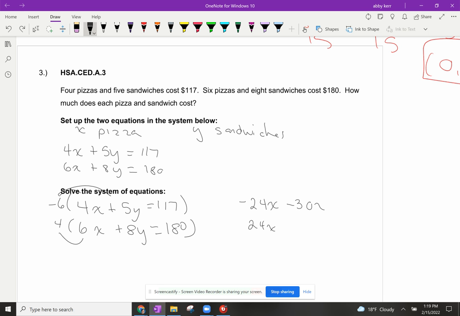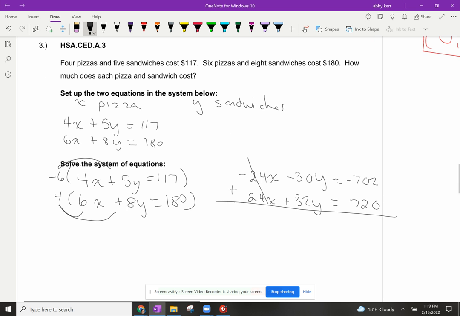Sorry, that should be a y. Now negative 6 times 117 gets you negative 702. This gets you a positive 32y. 180 times 4 gets you 720.